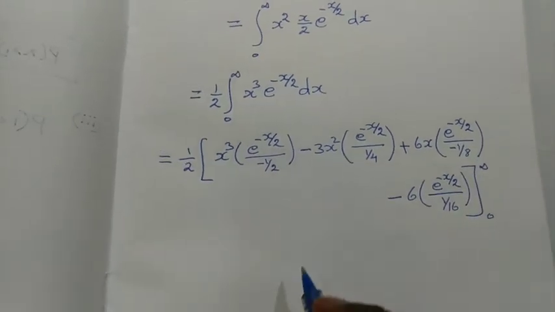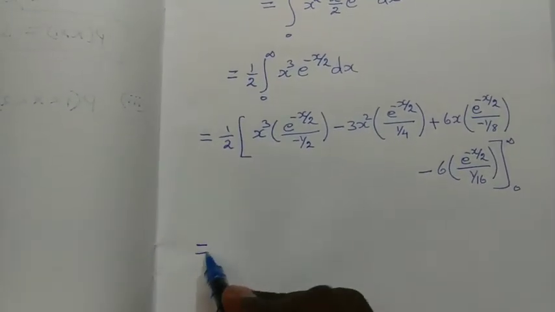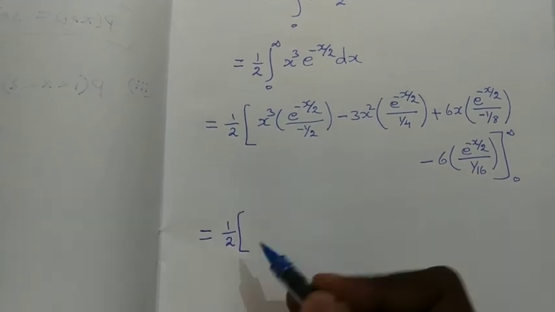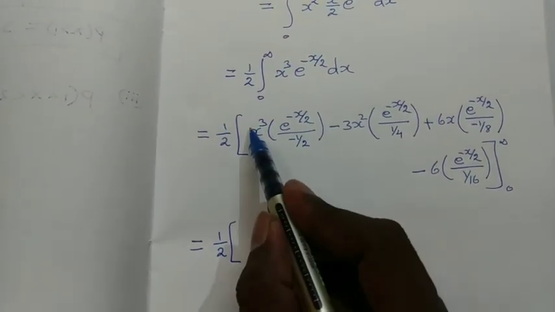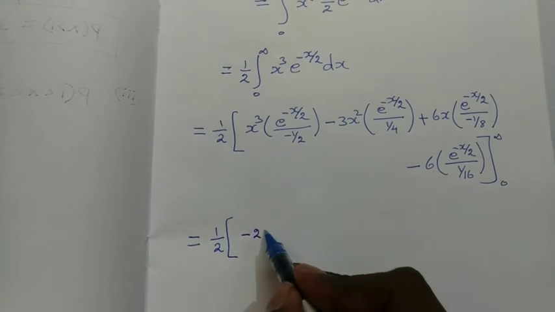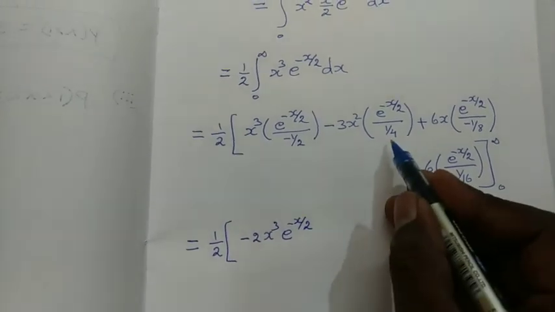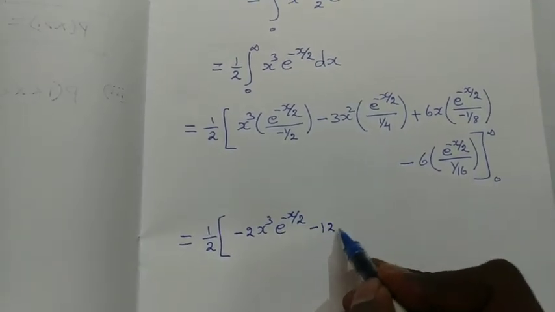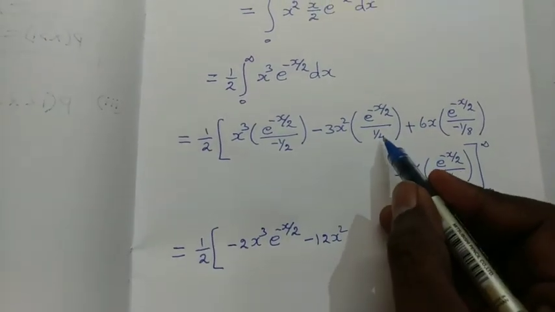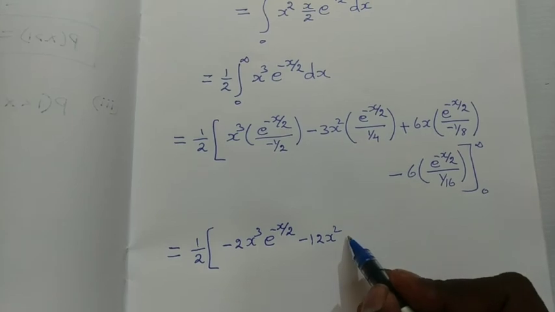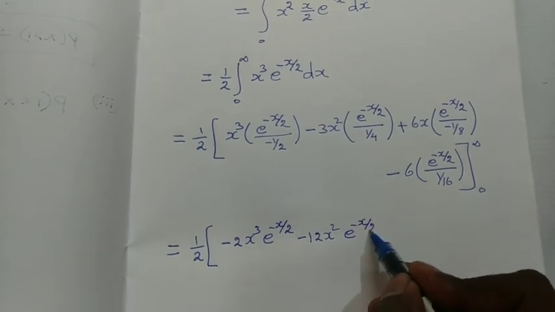Okay, so next I am going to simplify. The simplification is 1 by 2 into this. This 2 can come here, so minus 2x cube into e power minus x by 2. This is minus 12x square into e power minus x by 2, because of the denominator.